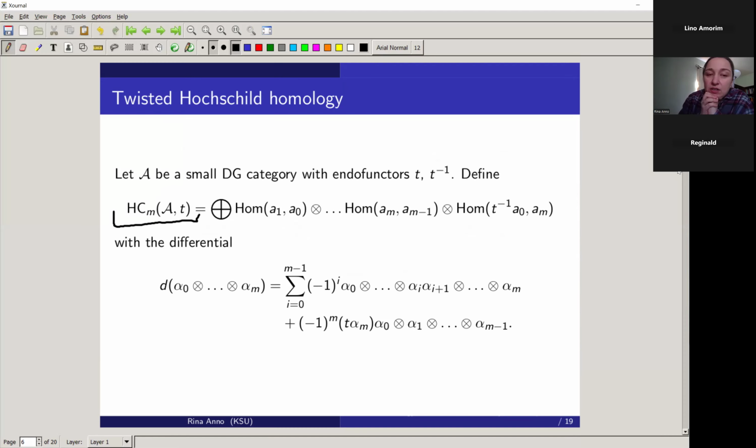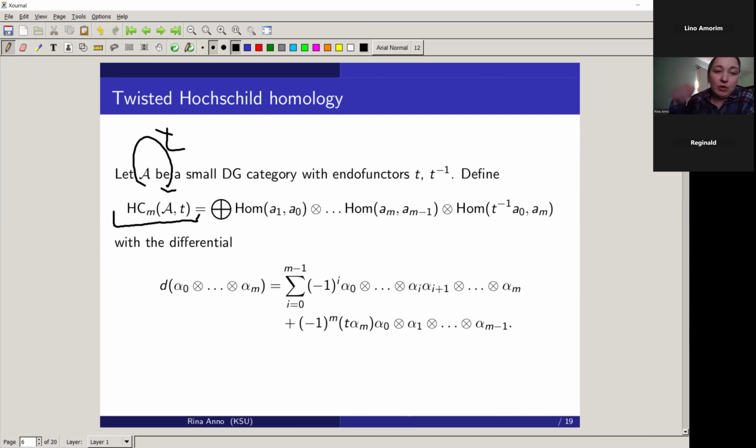Well, T still acts on A. How does T act on this? You apply T to every alpha. I see. So with coinvariance you're looking at the orbits under this endofunctor. What is coinvariance? Coinvariance under a certain action is a quotient by x minus g acting on x. I see. Thank you. You're welcome.